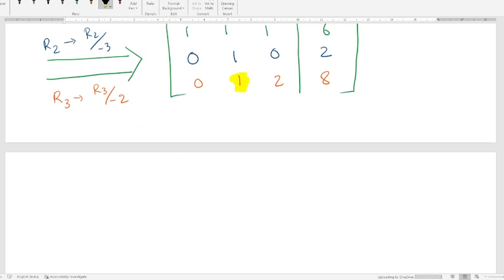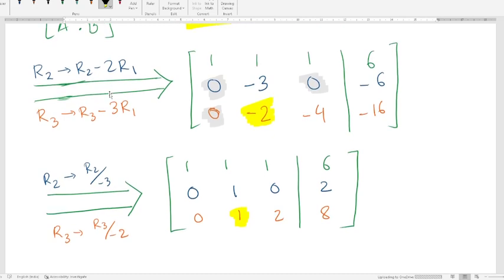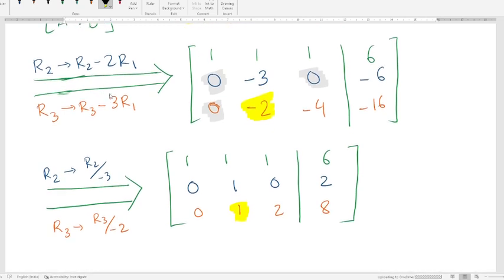So what we did is that we just made these numbers a bit easier to deal with. Look at the second column in the augmented matrix on the top of your screen, right? What do you see? 1, 1, 1, 6, 0, -3, 0, -6, 0, -2, -4, -16. So there are so many negatives. So let's remove all the negatives. And you see that in the second row, -3 is there and -6 is there. So we divide all of this by -3.